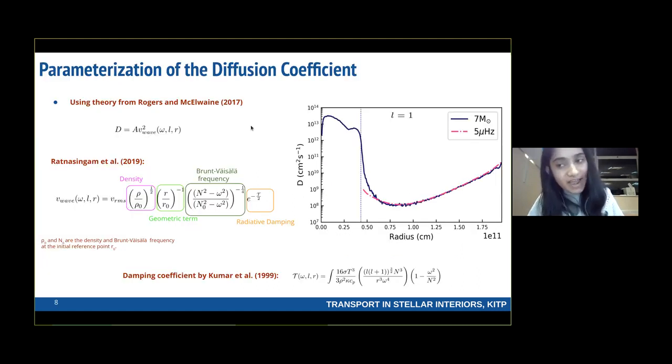Rogers and McElvey had found that the diffusion profile is set by the wave amplitude, and they approximated the diffusion coefficient with the following equation, where A is a constant.